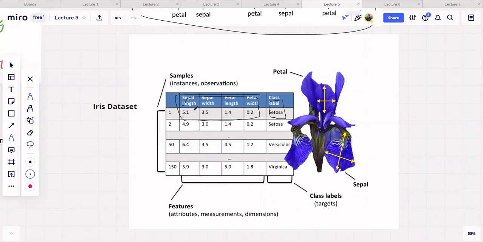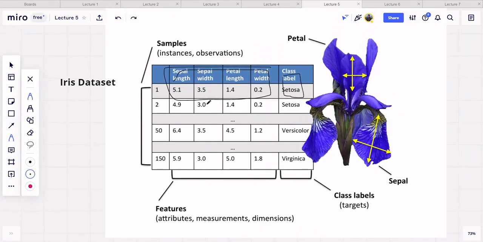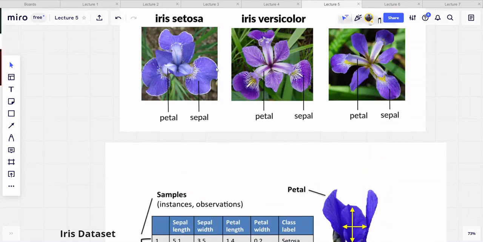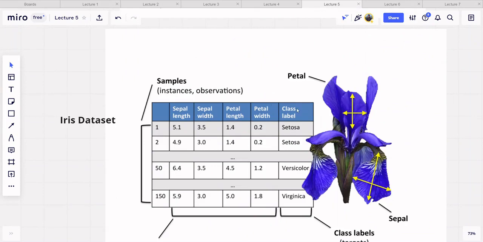So in front of me you will see that here we have basically four independent variables: sepal length, sepal width, petal length, and petal width. And we want to predict out of these three classes which particular class this sample belongs to.